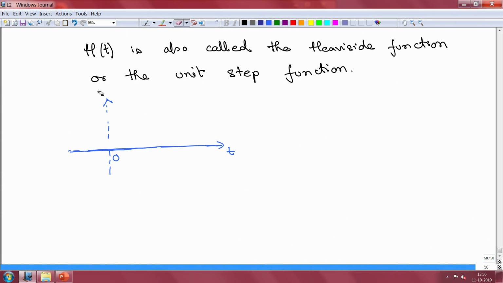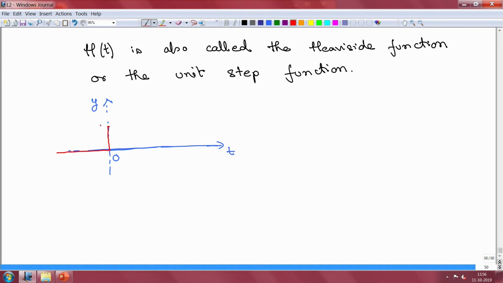Let's say if a is equal to 0, then this function will be 0 till it reaches t equal to 0, and at t equal to 0 this function will suddenly jump to a value of 1.